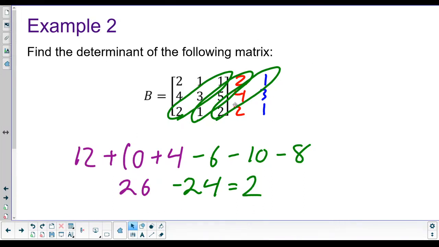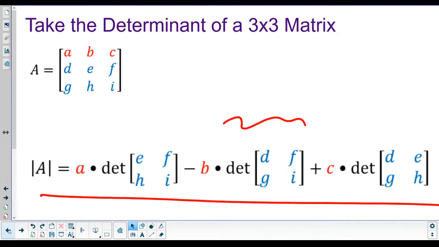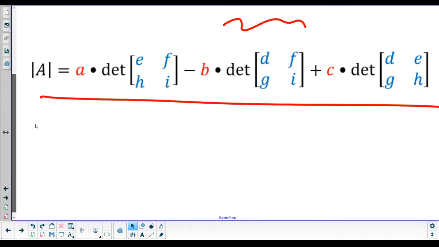This process will work on all 3x3 matrices. Where this comes from, just in case you're like, Barton, how are there two different ways and why is one so much easier than the other? If we look at this determinant, we could simplify all three of these.